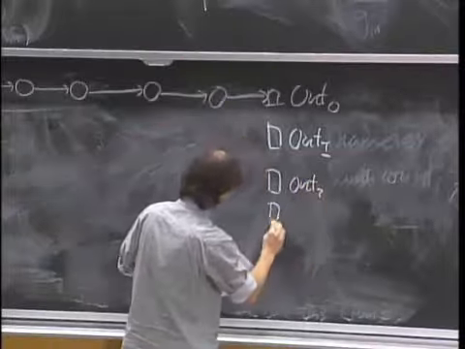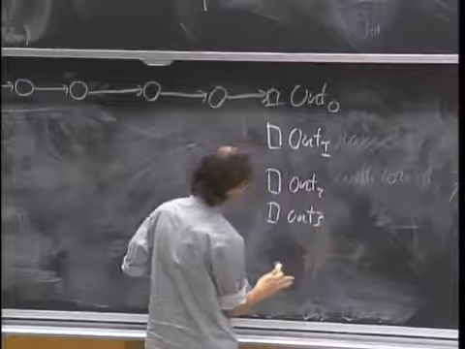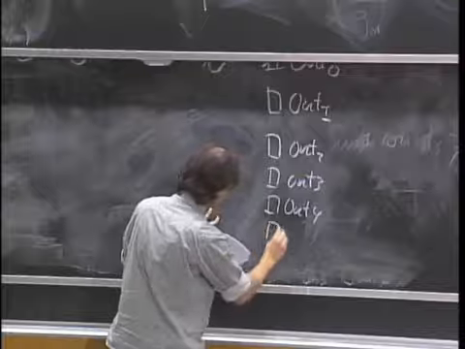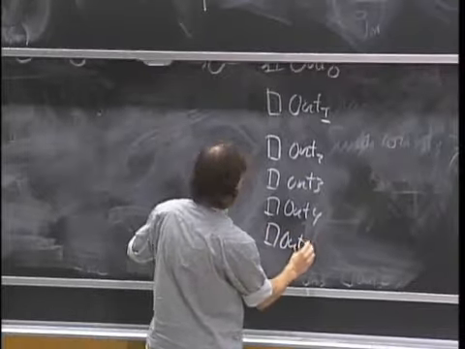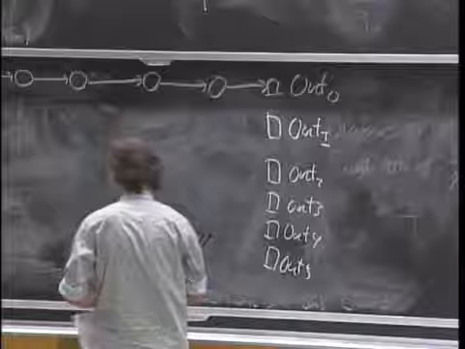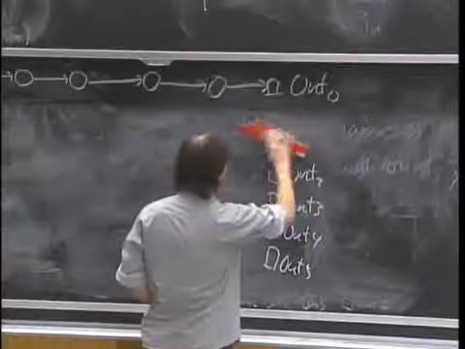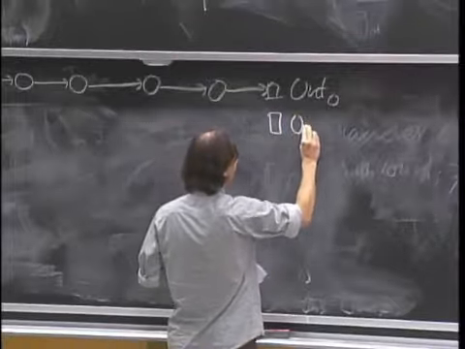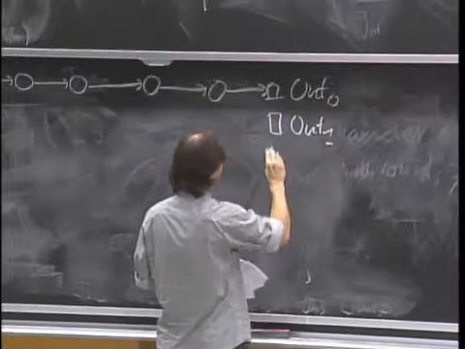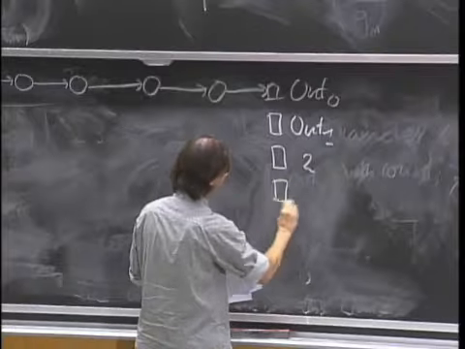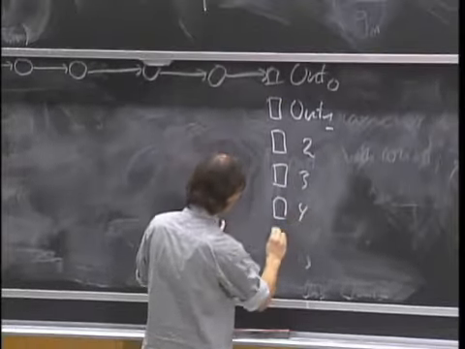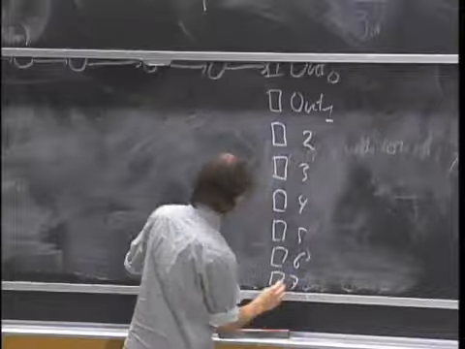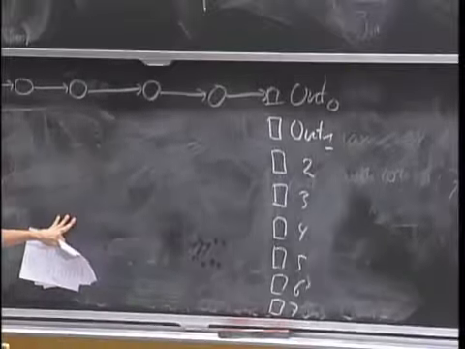So we have output 1, 2, 3, 4, 5, 6, and the last one, 7. Okay, this is going to be pretty tight on the board.